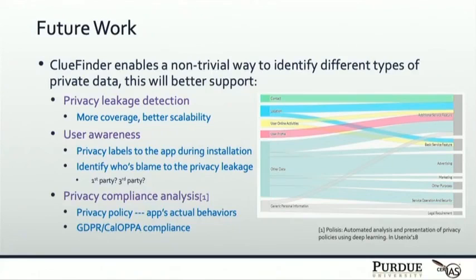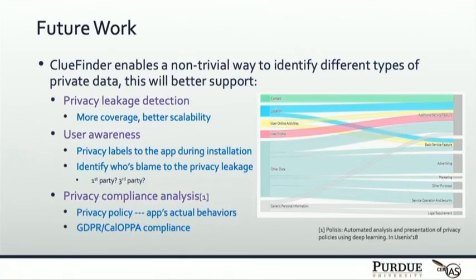For example, we can generate privacy labels by analyzing those apps and show these labels to the user before app installation. And also, we can identify who is to blame for those privacy leakages. Is it the first party or the third party?